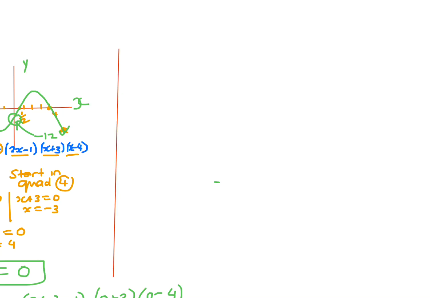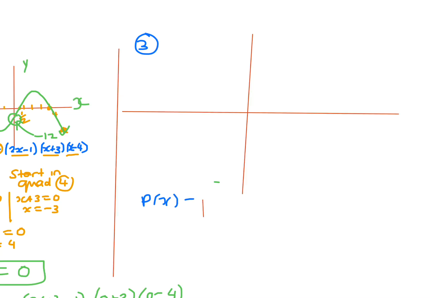Okay, so let's just have a look at another one. I want to look at a couple that have double roots and single roots. Okay, so let's go p of x equals x minus 3, and we'll put a square, x plus 4.